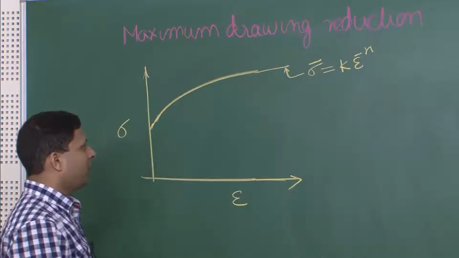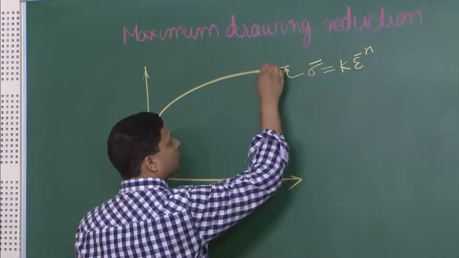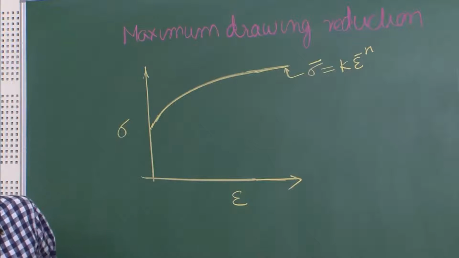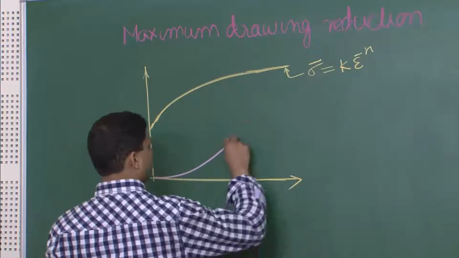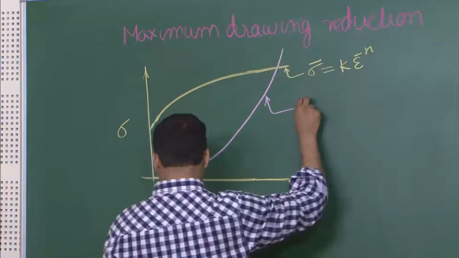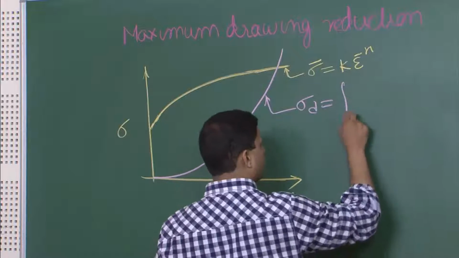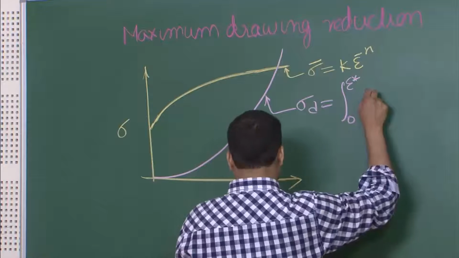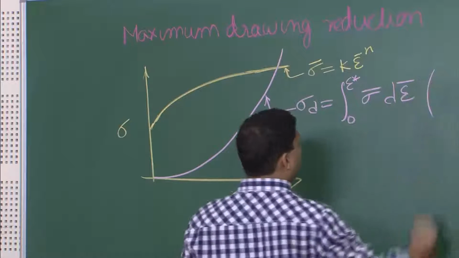Now, if we plot our drawing stress onto this, sigma d, how would it look like? It will look like this. So, this plot is, and what is the assumption here?